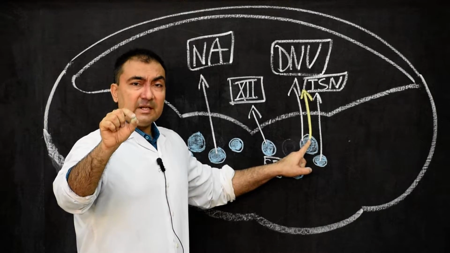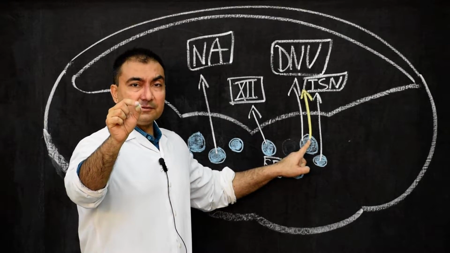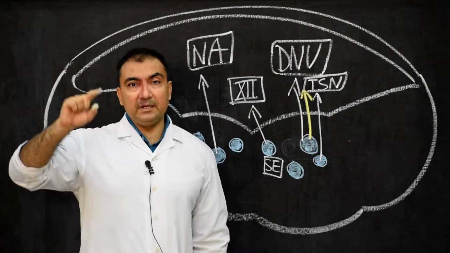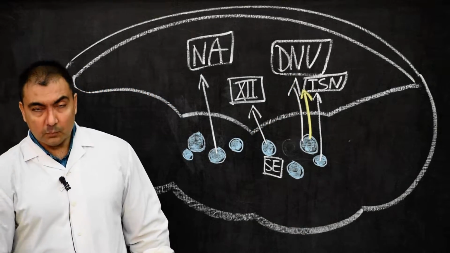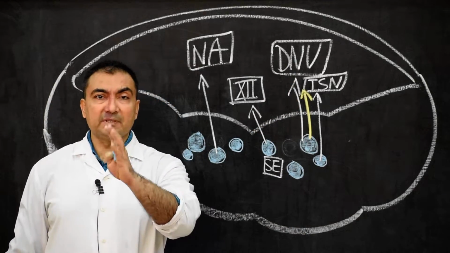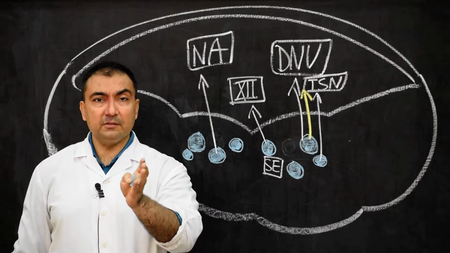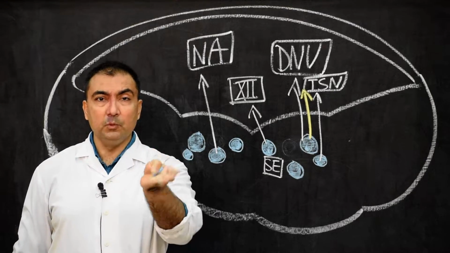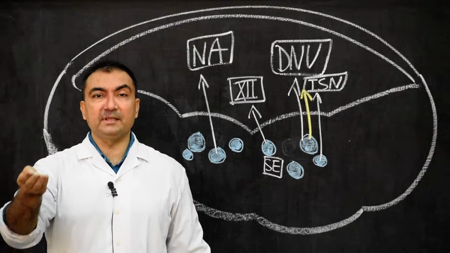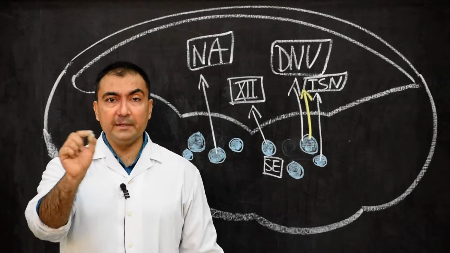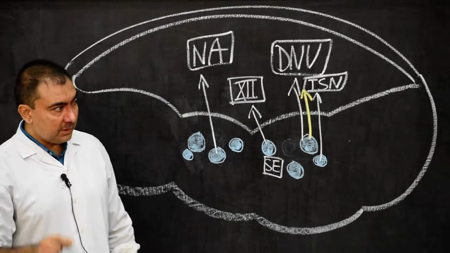Sometimes it is asked in 1-mark questions or MCQs that the dorsal nucleus of vagus carries visceromotor as well as viscerosensory fibers. So the dorsal nucleus of vagus will serve as a visceromotor nucleus as well as a viscerosensory nucleus. Very important statement and very important point.